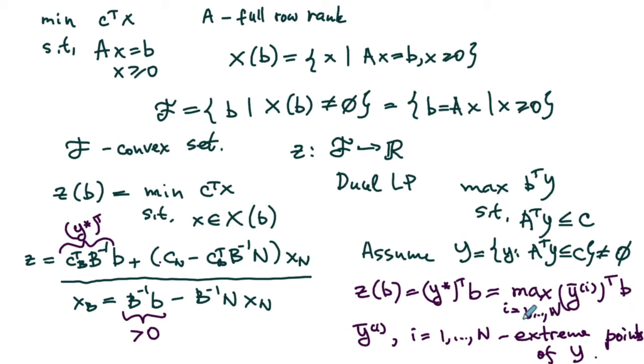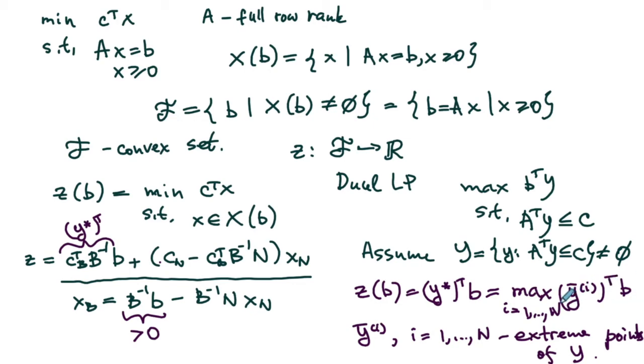So in this case, we don't have the local linearity anymore, but we still have a very special structure for this Z of b function. In particular, we have the pointwise maximum of linear functions here, because look, for every fixed y bar i, this is a linear function of b, right? So here we have a pointwise maximum of linear functions essentially.